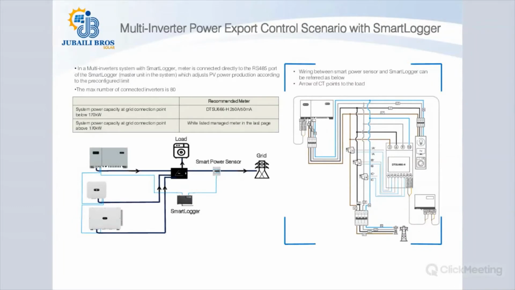The inverters should be accommodated in separate COM ports, and the power sensor will be in an individual COM port. The master unit here will be the smart logger. The smart logger will be getting the data from the inverters and sending signals through the power sensor back to the inverters to regulate the power output.